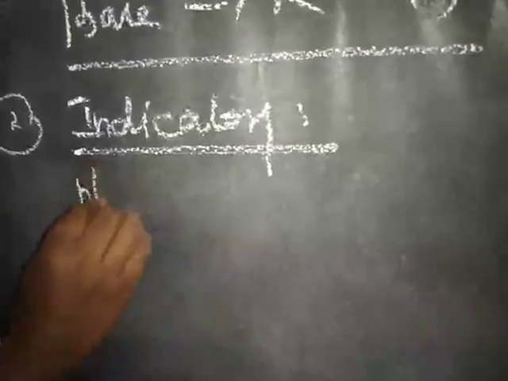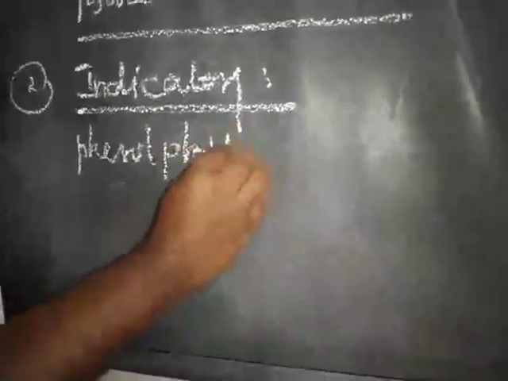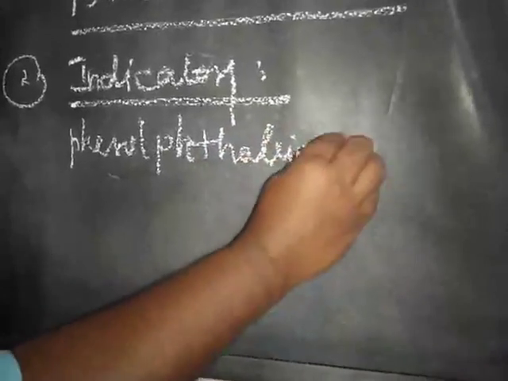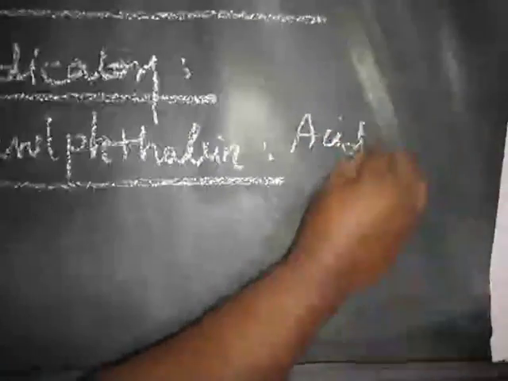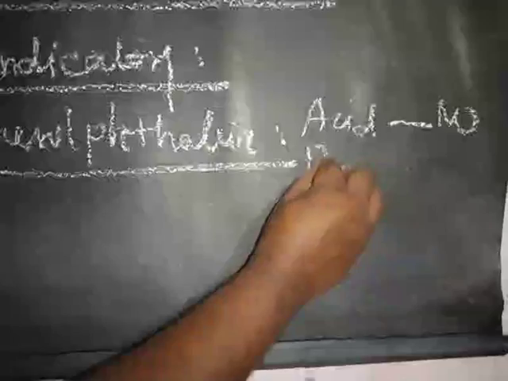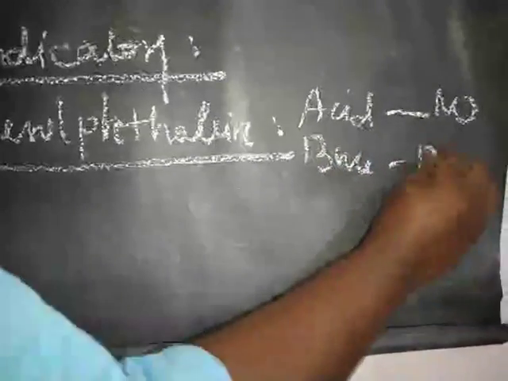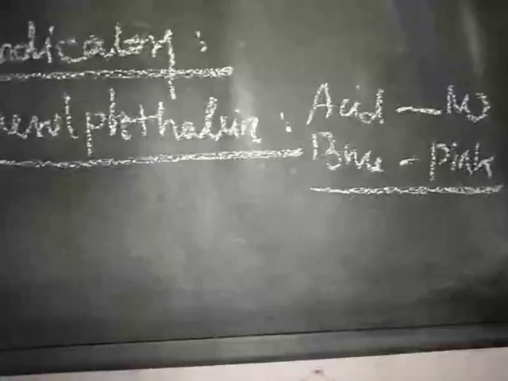First one, phenolphthalein. If we add phenolphthalein to acid, no color. In base, pink color.